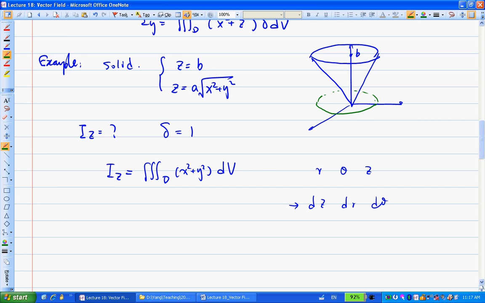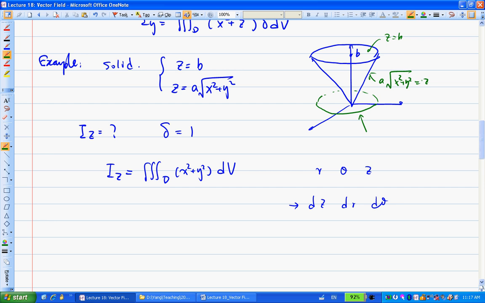It's a circle. Now you may need to know the shadow's equation. So the question is, what is the circular equation? Where does this come from? This is the intersection of the plane z equals b and the surface z equals a times the square root of x squared plus y squared.